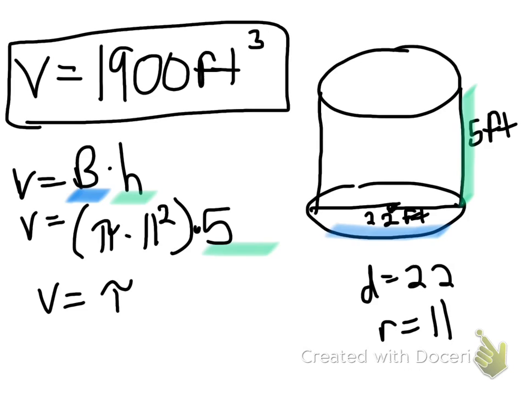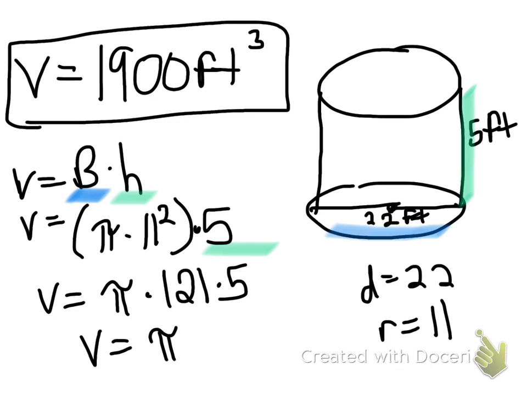So volume equals pi, 11 squared is 121, times 5. So volume equals pi times 605.